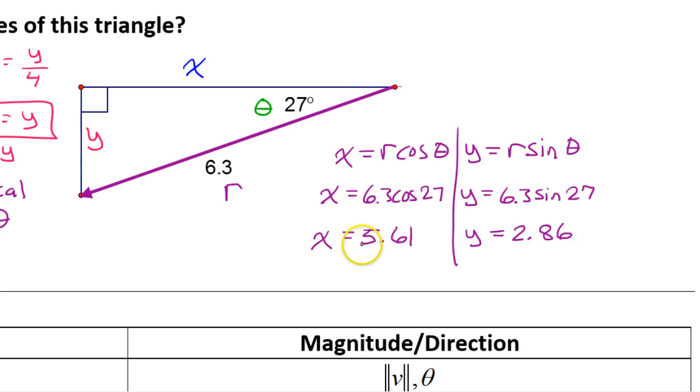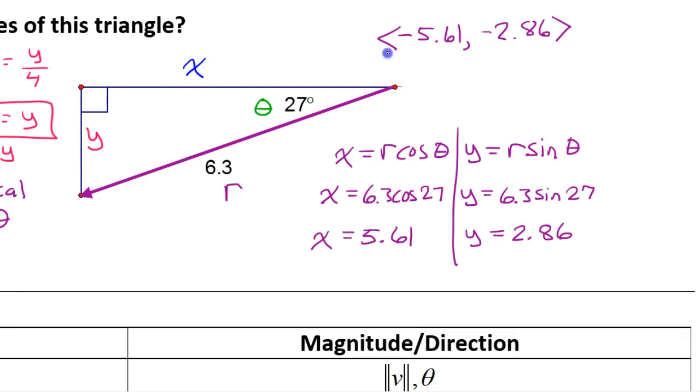So since x is 5.61, but because it's going to the left, I'll go ahead and call it negative 5.61. The vertical component is 2.86. Because it is down, that's going to be negative 2.86.